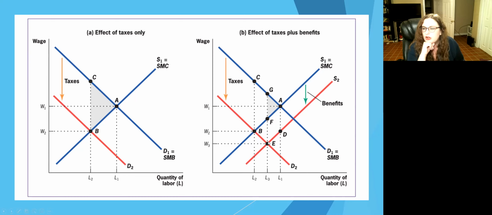Well, let's draw E up to these main lines. Well, F, G, A. Okay, so these three new points that are right above this new equilibrium, if we go to the original lines, well, that's a much smaller triangle, right? When we start thinking about tax benefit linkages, or the benefit that the economic system gets from the subsidies that result from these taxes, the deadweight loss is actually much smaller than the picture we have where just taxes are taken out and nothing's ever given back.